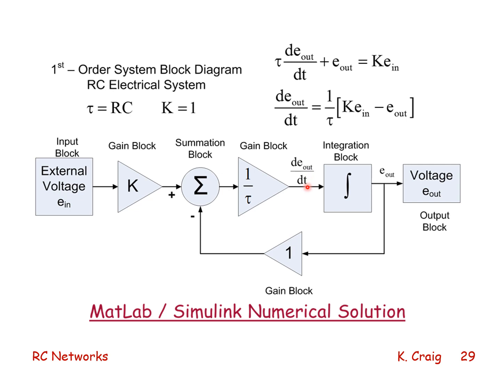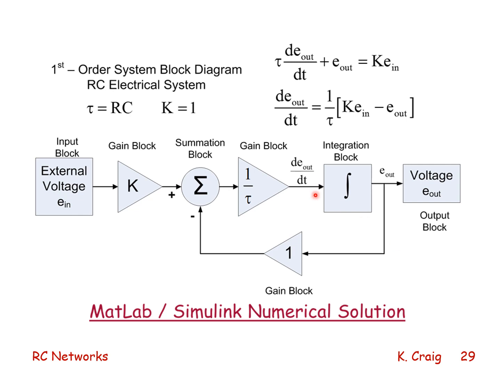Step 3, do what the equation says. dE out dt equals 1 over tau, a gain block, times the sum of k times E in minus 1 times E out. Step 4, write the equation from the block diagram.